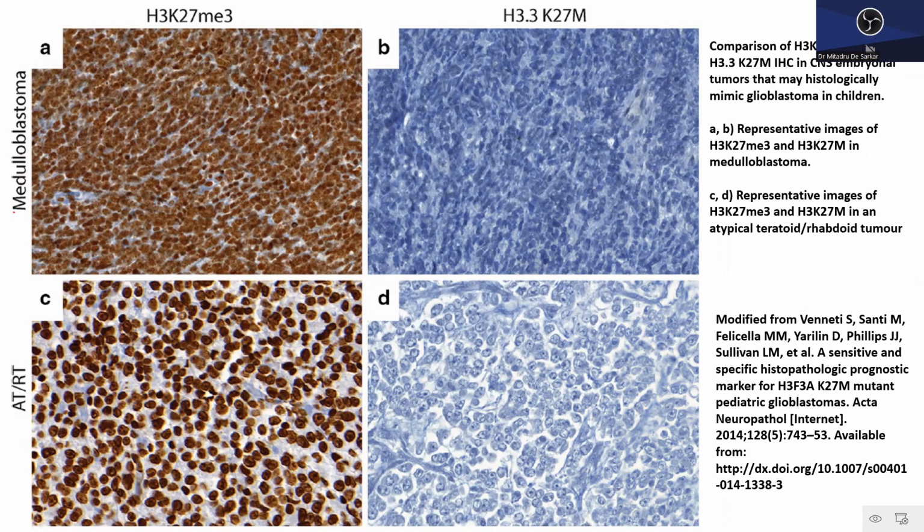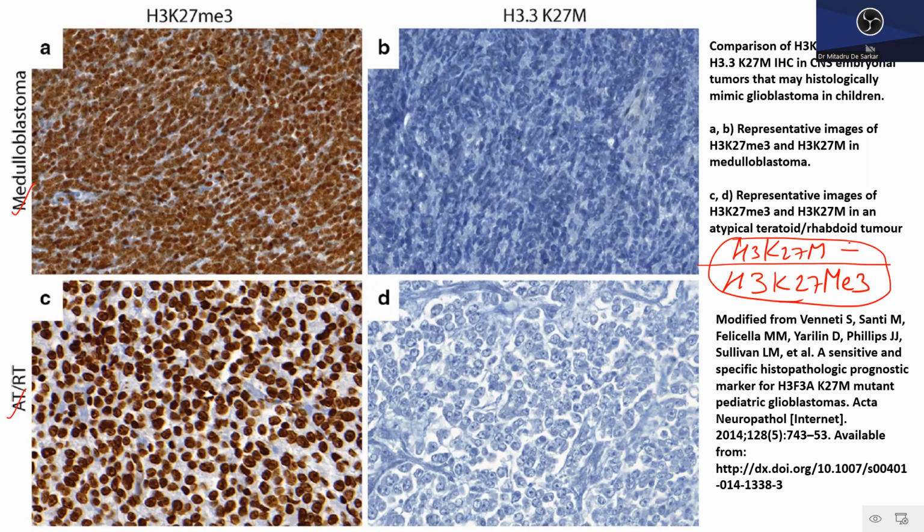As a result, differential diagnoses like medulloblastoma or atypical teratoid rhabdoid tumor of the small cell morphology could come into a differential diagnostic workup. But obviously, if you do a combination of H3K27M mutant histone along with H3K27 trimethylated histone, you will see that the results are exactly the opposite of what you see in the case of diffuse midline gliomas.